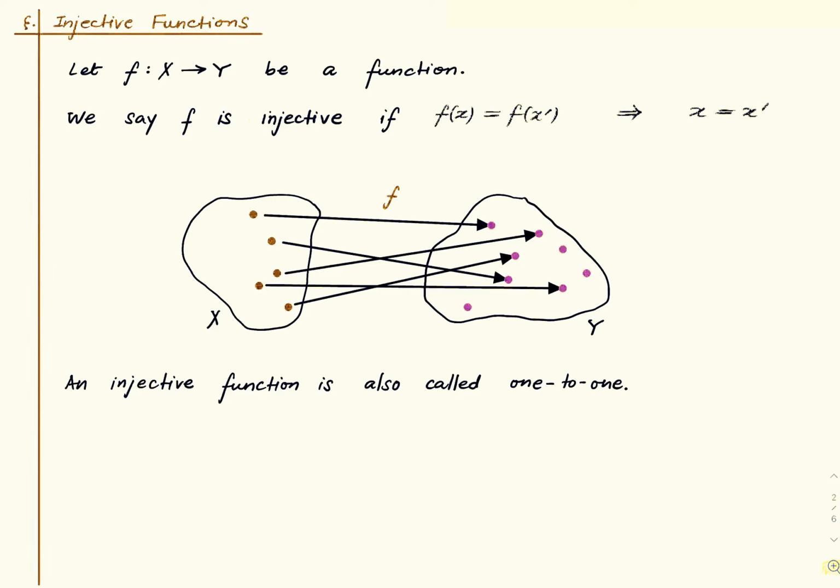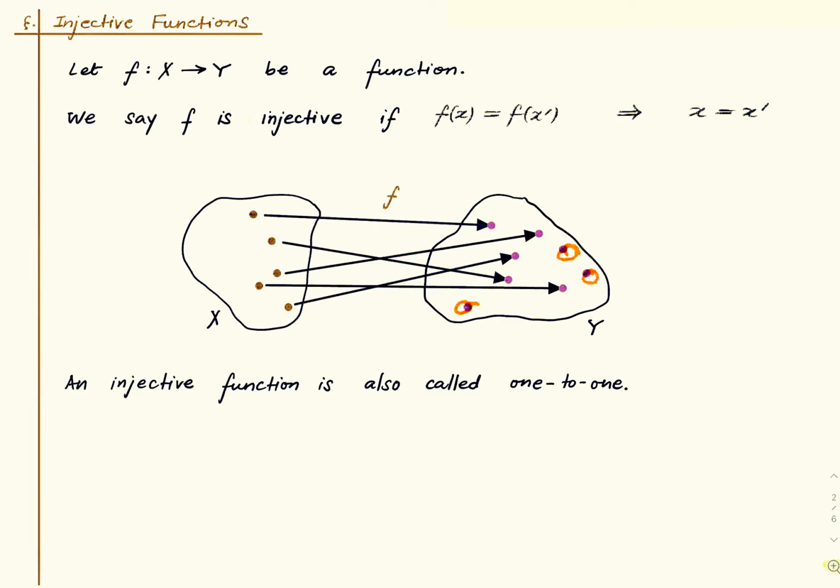So what it's trying to say is that two different inputs cannot give the same output. That's what this says. So whenever you see that two inputs give the same output, actually the two inputs must be the same. So here is a pictorial way to look at it. Here is what is happening: if you pick two different inputs, you will see two different outputs. All right.